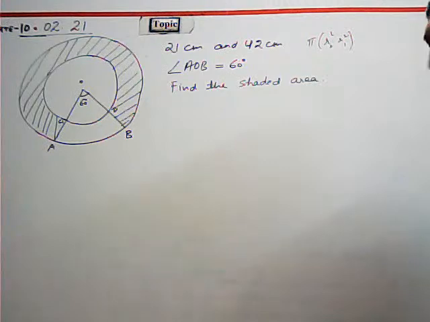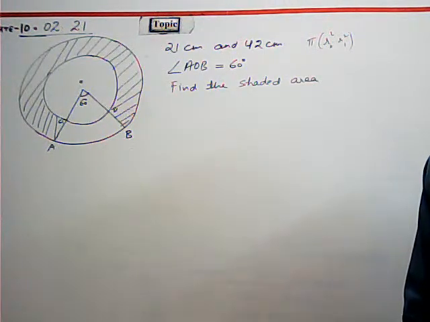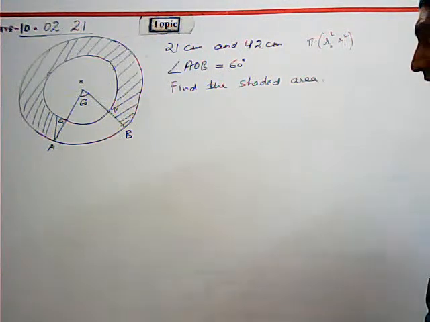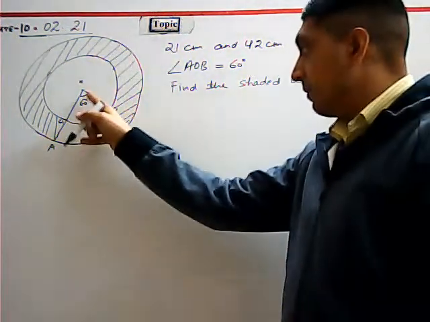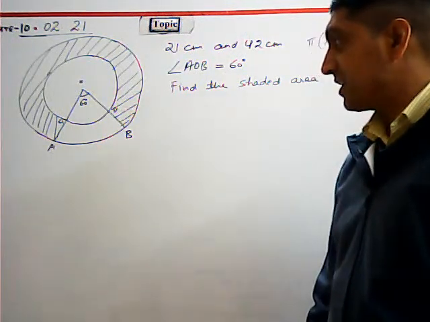This is the area of the ring. From the area of the ring we will subtract this area ABCD. So we have the area of the sector. Two sectors are there, that is bigger sector minus smaller sector, that is area ABCD, right?